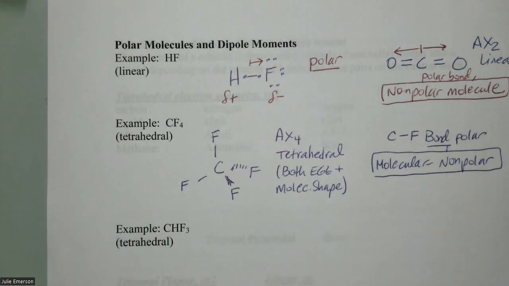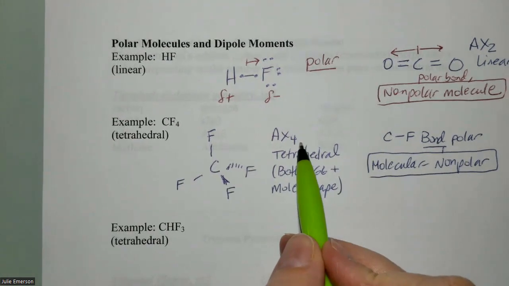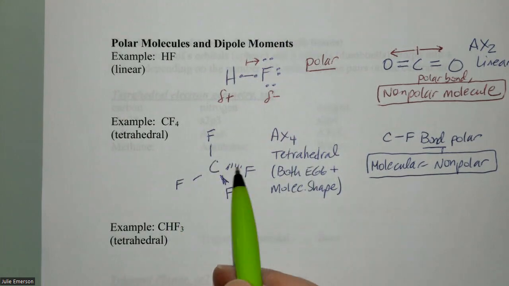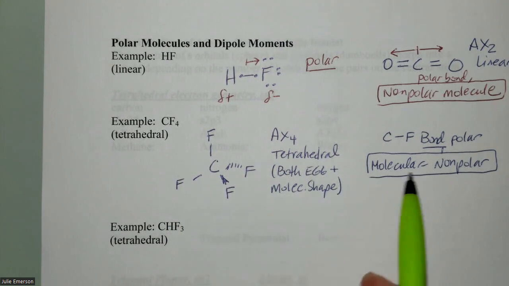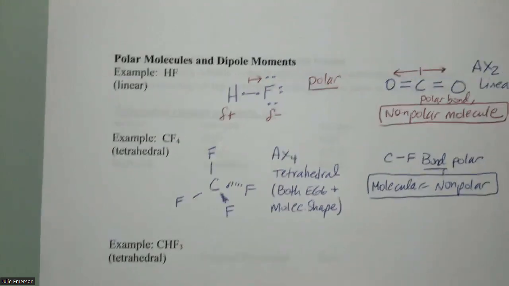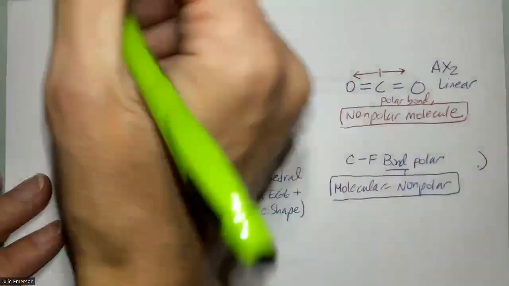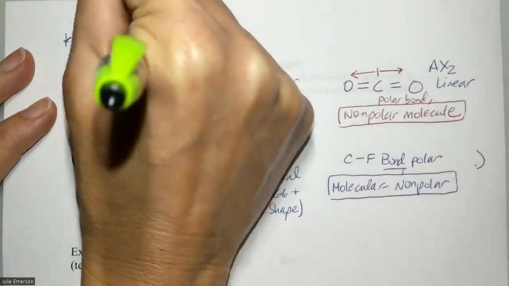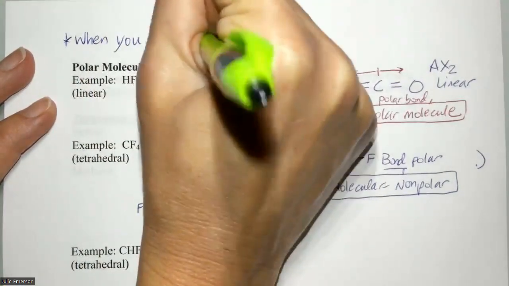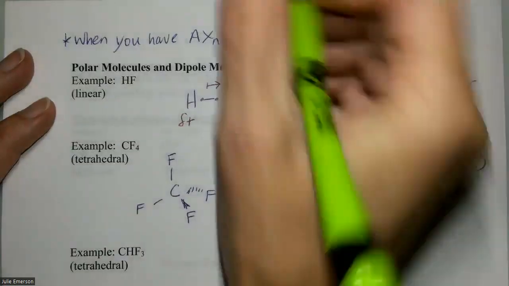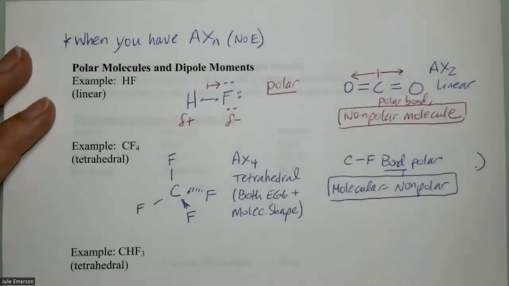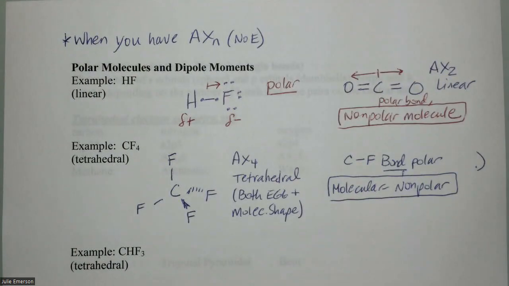So when you have an AX4 with no E and all terminal elements are the same, it will be nonpolar. I'm going to make a little note up here at the top. When you have AXN, no E, you can't have any lone pairs, although there are two exceptions, because there's always exceptions. And I'll show you what those are.